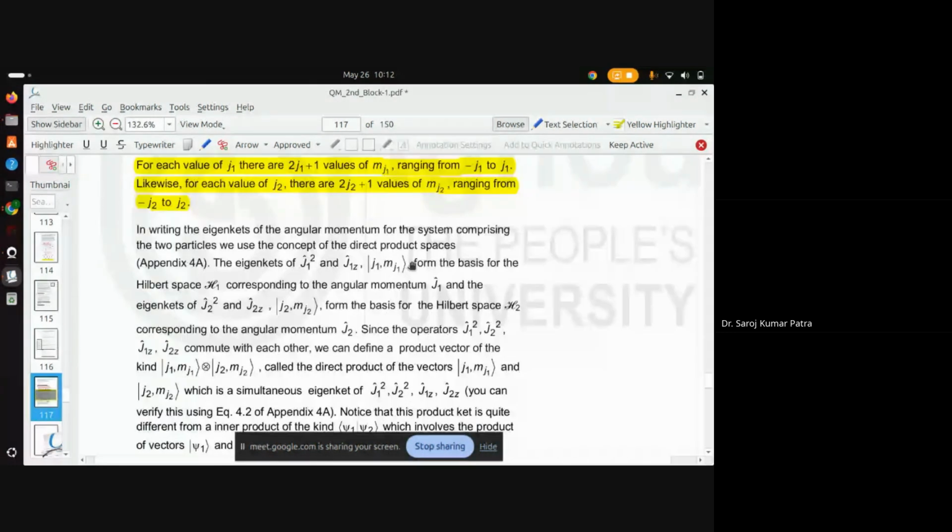What about the eigenket? How will the eigenket be? Here, let me highlight it.